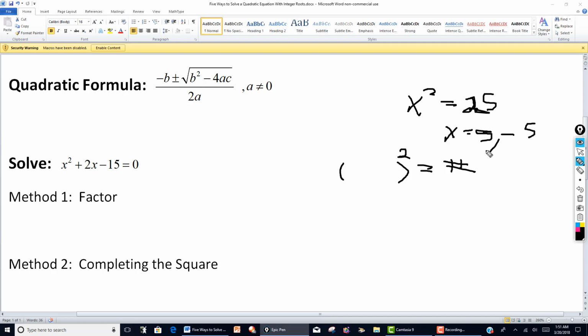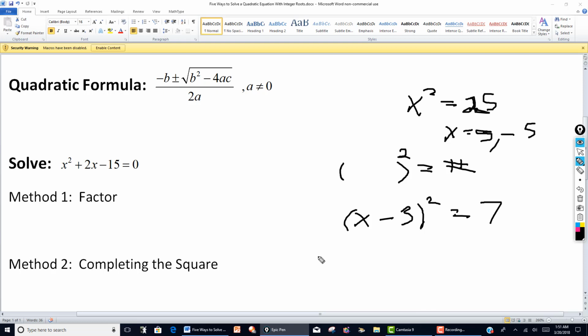In the same way, if we have x minus 3, quantity squared, is equal to, say, 7. Then that means that this quantity right here has to be either radical 7, because radical 7 squared is 7, or minus radical 7, because minus radical 7 squared is also equal to 7.